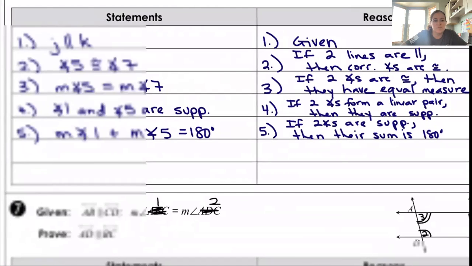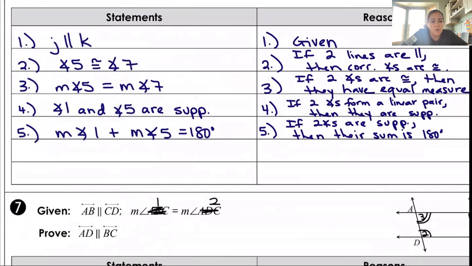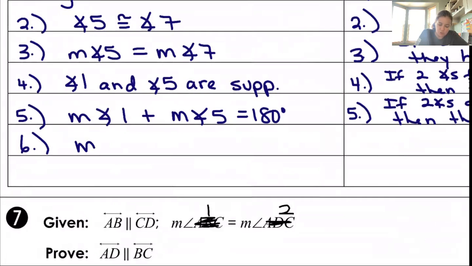And from here, we'll do a substitution. Since I know 5 and 7 are congruent, I can substitute out, instead of a 5, I'm going to put a 7. And that's using substitution.